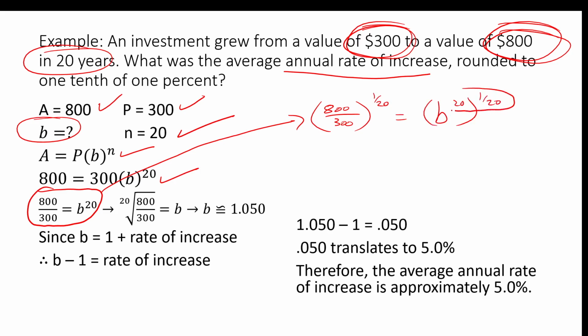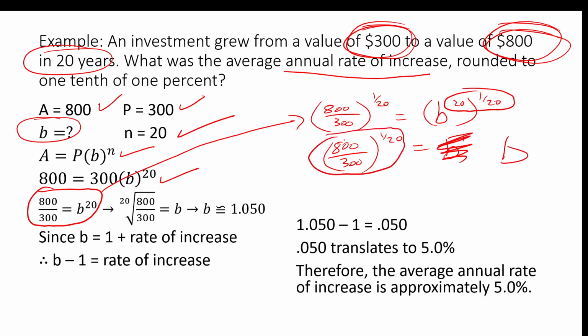Then 20 times 1 over 20 will be 1. So 800 over 300 to the exponent 1/20th will equal B to the exponent 1. B to the exponent 1 is the same as B. And so I just use my calculator to figure out 800 over 300 to the 1/20th.